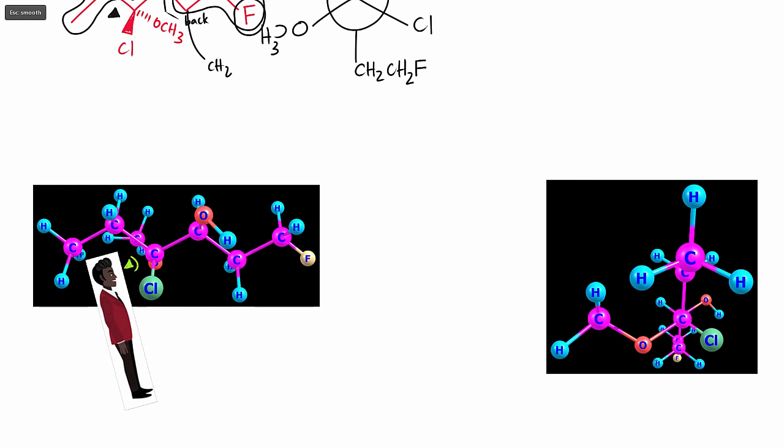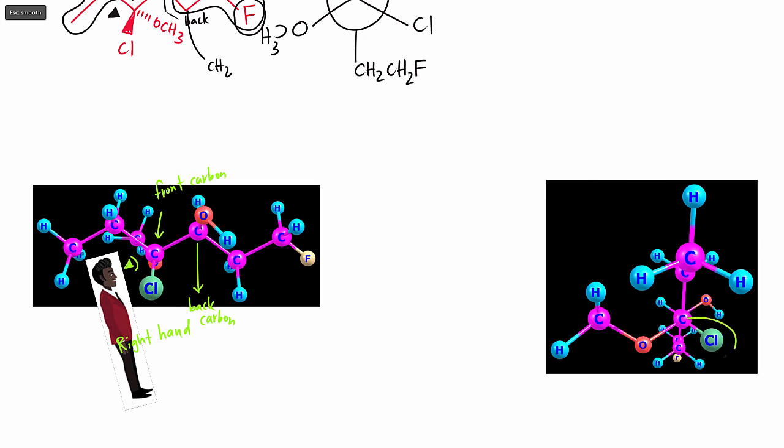And what's coming out is going to be on his right hand. What's coming out of the plane is going to be on his right hand. This is your front. This is your back carbon. Okay? So in this molecule here, this is exactly how you see it.